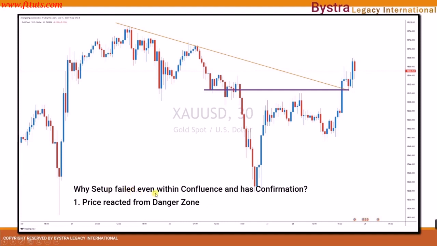Why did the setup fail even with confluence and confirmation? Because price reacted from the danger zone, and it is also a very late retest. Price, instead of coming all the way down, should have just come somewhere around here, reacted a little bit, gone up, pulled back, taken this order and continued on down. Then it would be much safer that way.